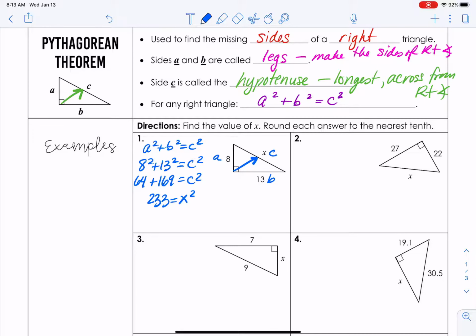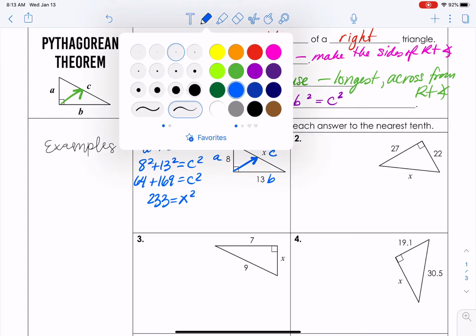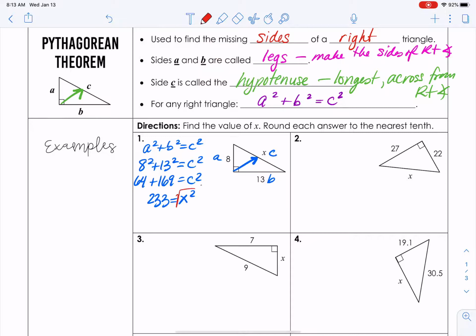Now the opposite of square is square root, because those things cancel, so it leaves me x. So then we're going to use decimals, so we're going to round to one decimal point. So this is 15.3. Depending on your calculator, you might get the square root of 233, and those are both the same thing.